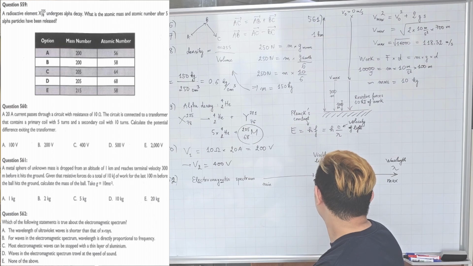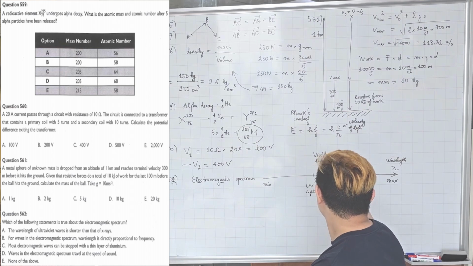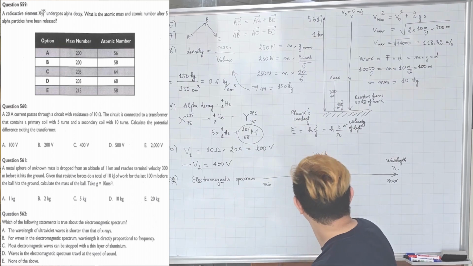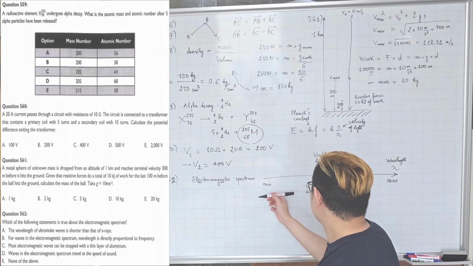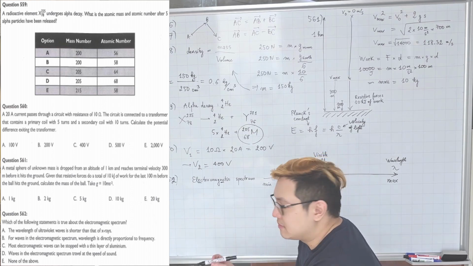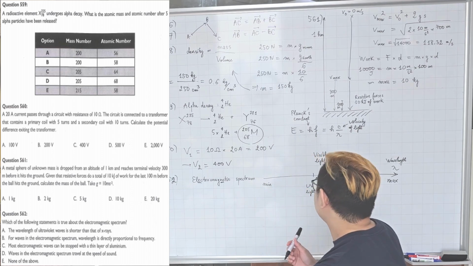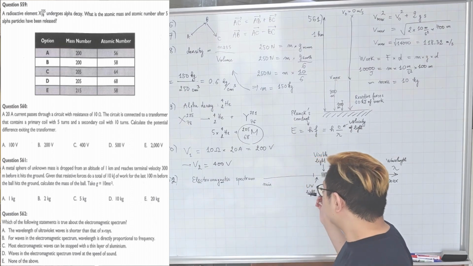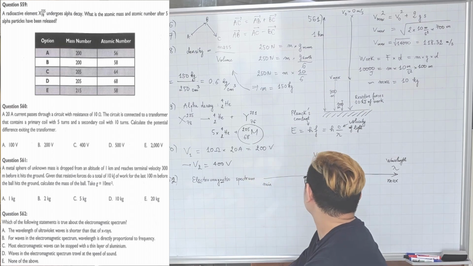So this one is the UV light. This one is infrared. So the more you go to this side, the higher the energy. The more you go to the left here, the energy and the frequency increase, isn't it?